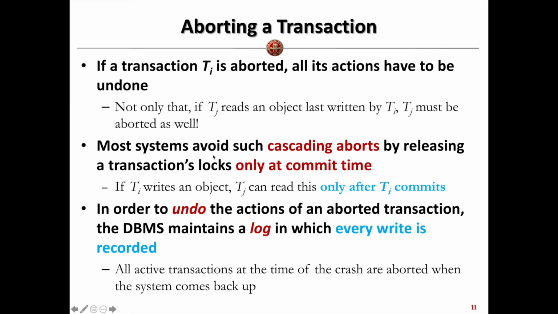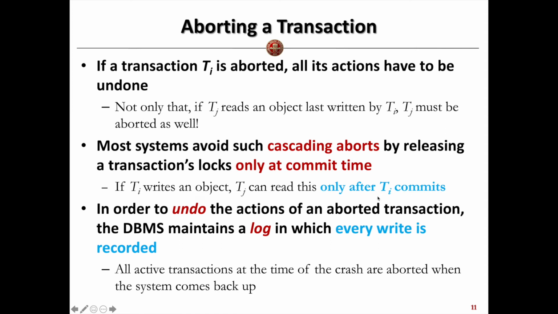Most systems will avoid such cascading aborts because if a system has many different transactions running at the same time, cascading aborts can be very costly, as so many transactions must be aborted if one abort happens. To avoid such cascading aborts, we can release locks only at commit time. In other words, if Ti writes on some object, Tj can read this object only after Ti commits.